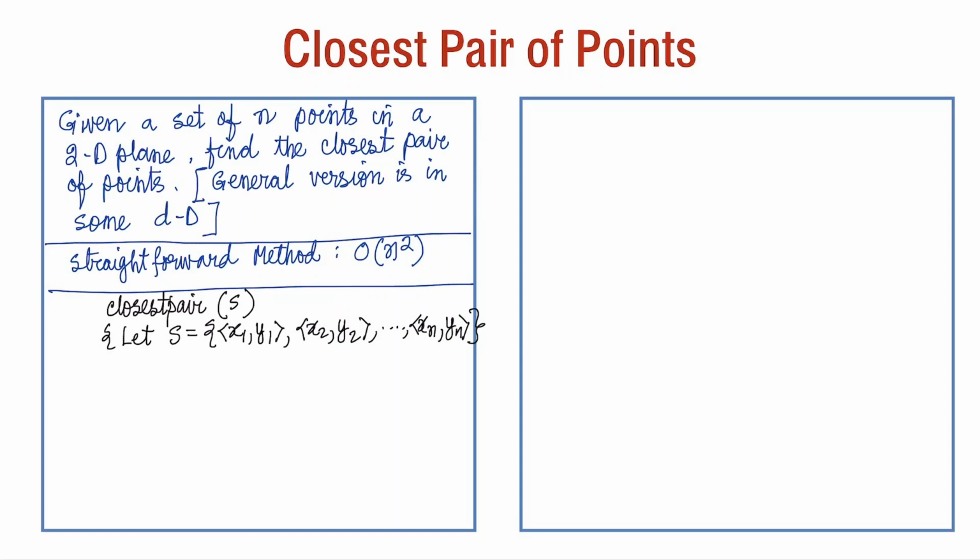Again, we use our traditional problem: split S into two disjoint non-empty subsets S1 and S2.